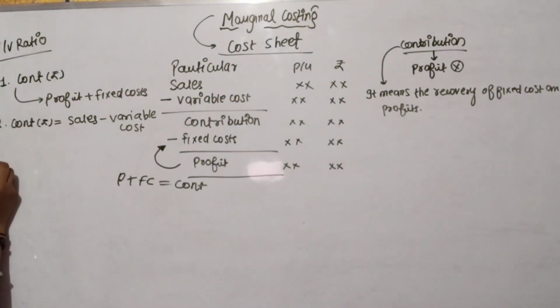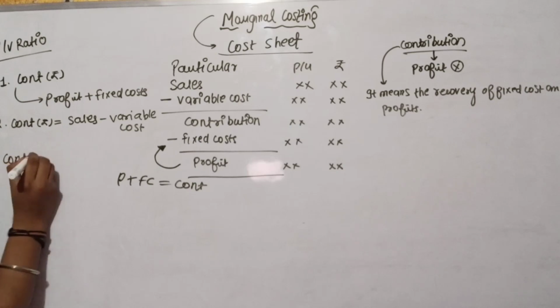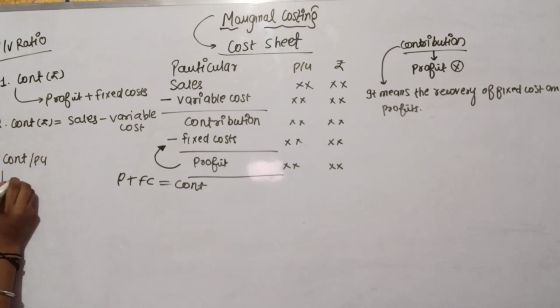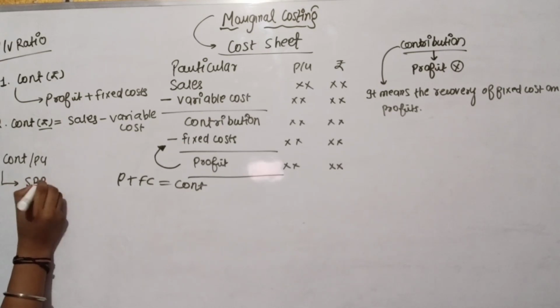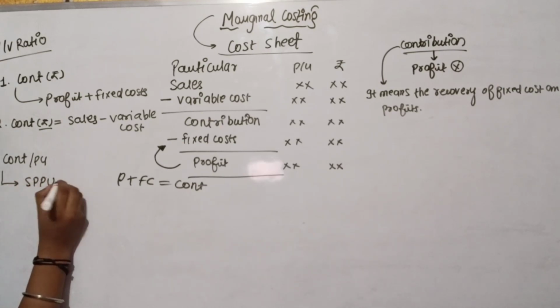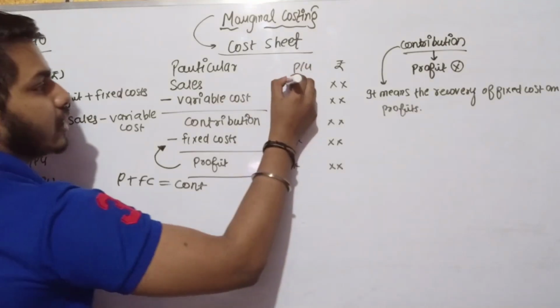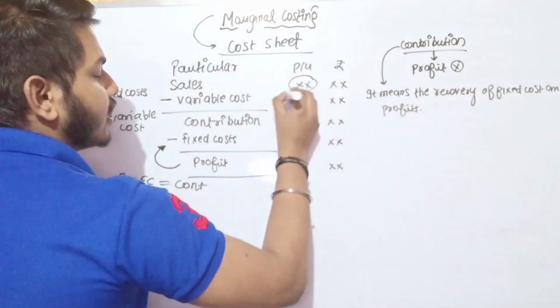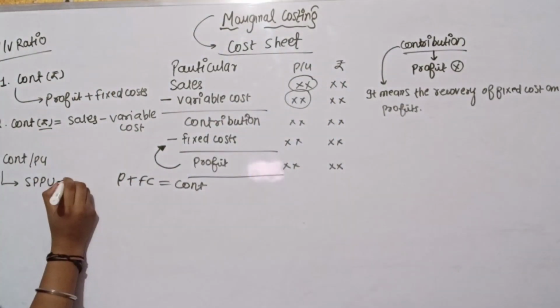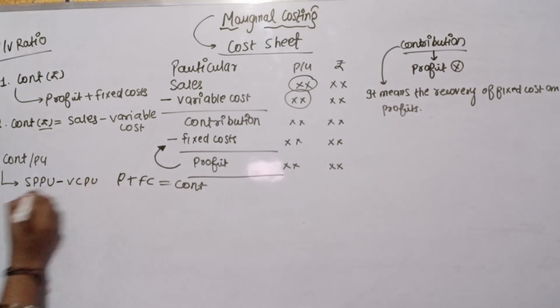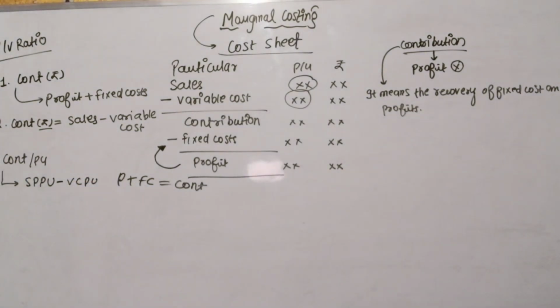The third formula, if you want to calculate contribution per unit directly and not in total amount, is selling price per unit minus variable cost per unit. If we deduct variable cost per unit from selling price per unit, we will be getting contribution per unit.